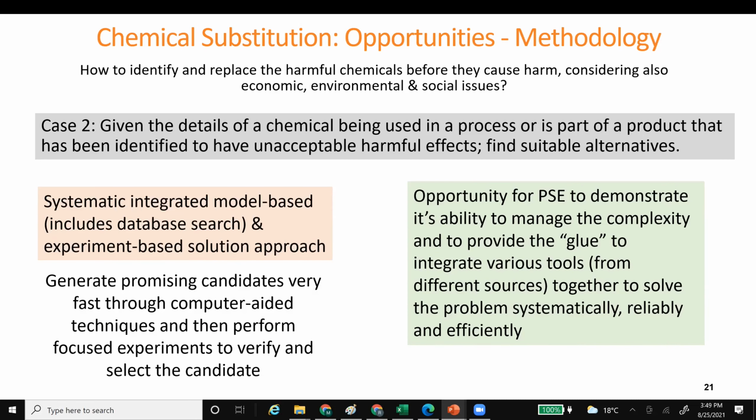And also, we should be able to generate promising candidates very fast through computer-aided techniques, and then we should perform focused experiments to verify and select the candidate. So rather than perform blind trial and error experiments, we use the computer-aided techniques to generate the candidates very fast, and then we do focused experiments to verify the candidate.